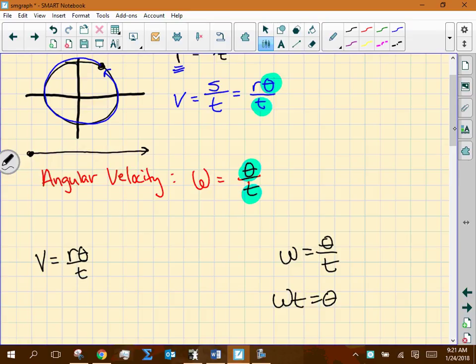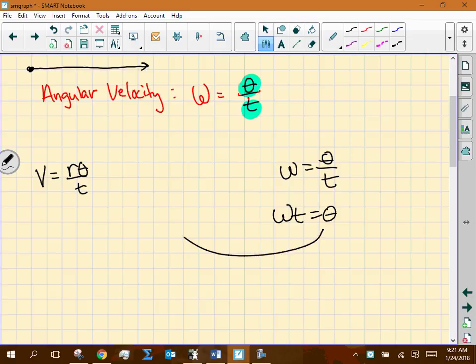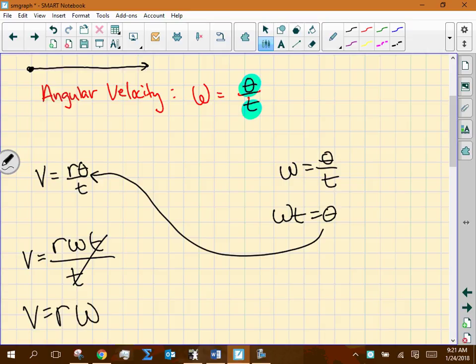Let's take that theta and put it in right there. So I now have v, or linear velocity, equal to r, but theta is now omega t. Does that make sense to everybody? Divide that by t, because of that time right there. What happens to your t's here? They cancel out. Linear velocity is equal to your radius times your angular velocity, or omega.